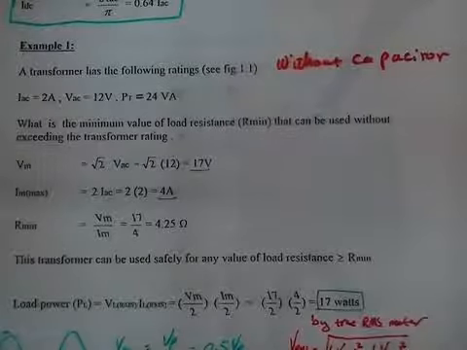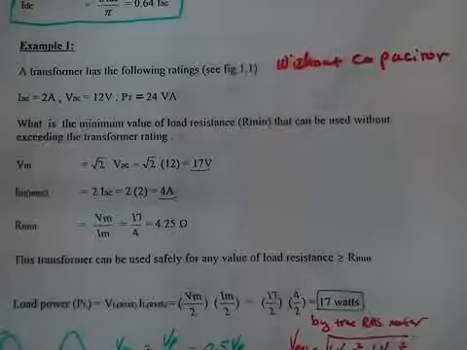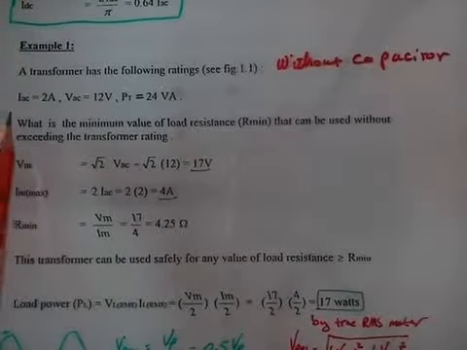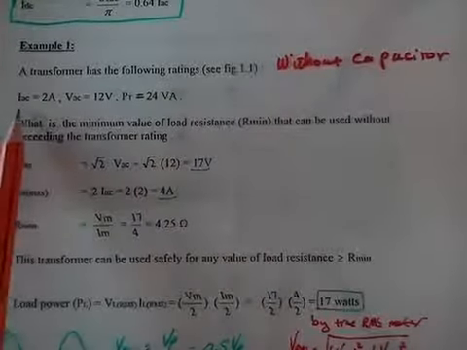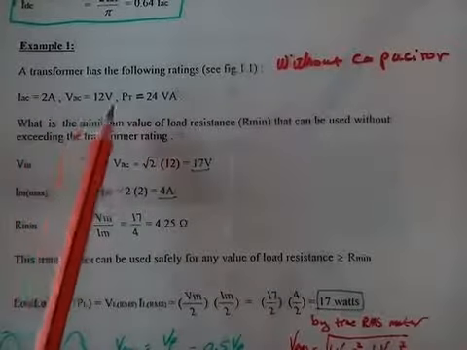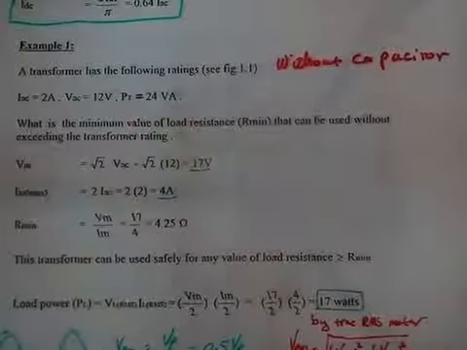In order to make a fair comparison between all of these types, we have to use the same transformer with the same specifications. The transformer that we intend to use has ratings of IAC 2 amps, VAC of 12 volts, and a total power of 24 volt amperes.